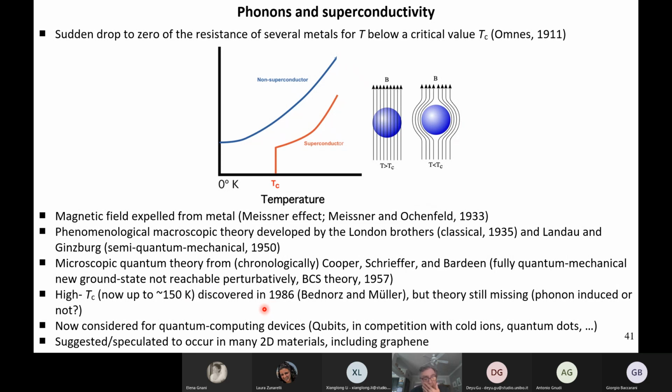The idea is, of course, to have room temperature superconductors because they can be used for quantum computing, circuit devices and so on, in competition with other alternative ideas of implementing qubits that I will briefly mention later on. I've been interested in this essentially in two-dimensional materials, particularly some electron-phonon interactions in graphene induced by a substrate, similar to the coupling with these modes, the hybrid plasmon-phonon coupling that we saw.